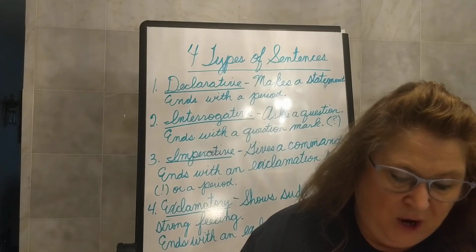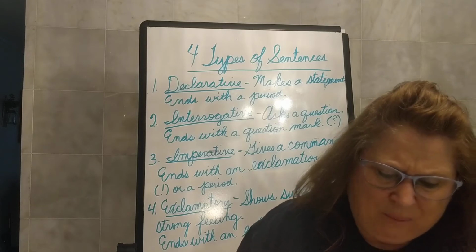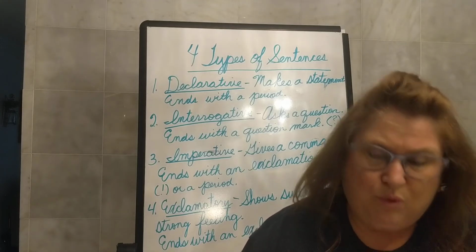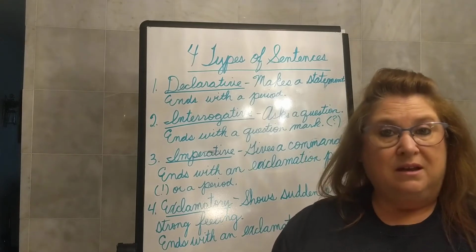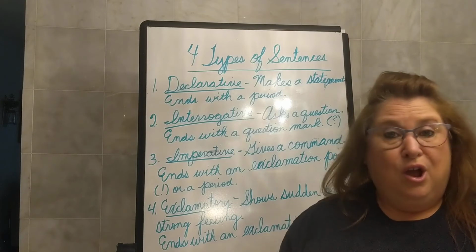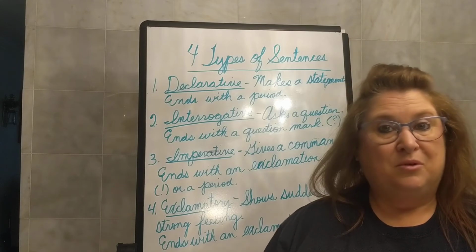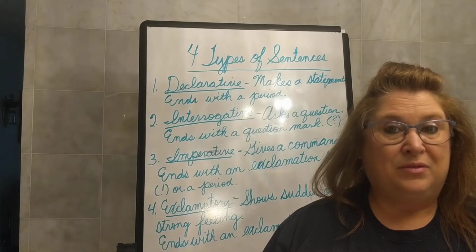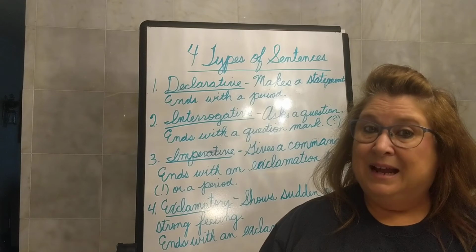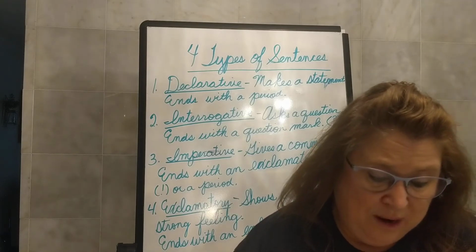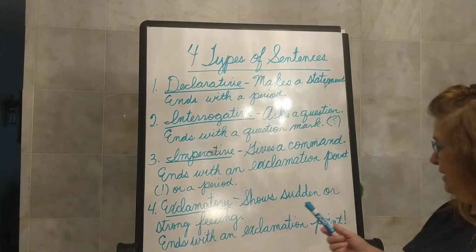Number 5, behold, how good and how pleasant is it for brethren to dwell together in unity. Behold, or look, or how great is this? How wonderful is this? So what is that sentence going to end with? It's going to end with an exclamation point. And what kind of sentence ends with an exclamation point?